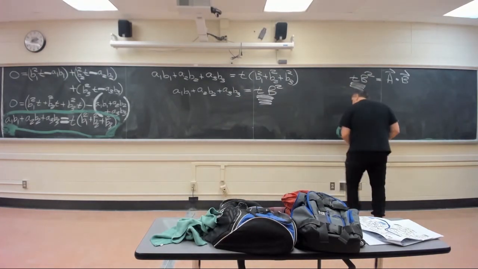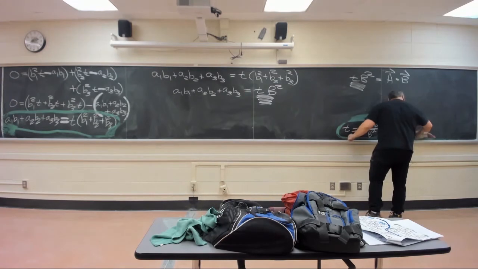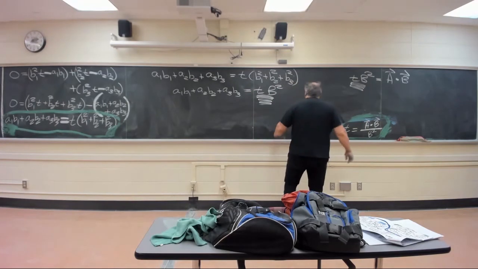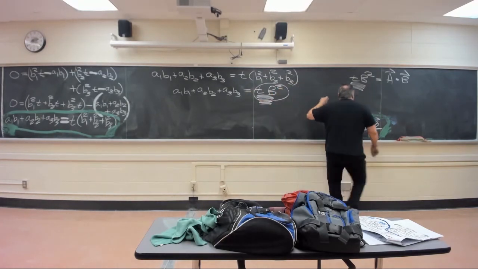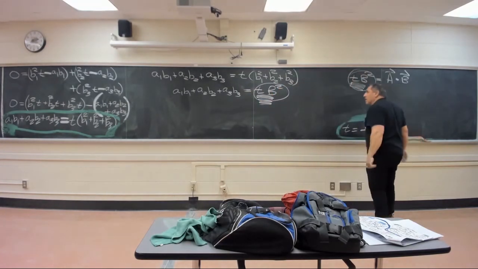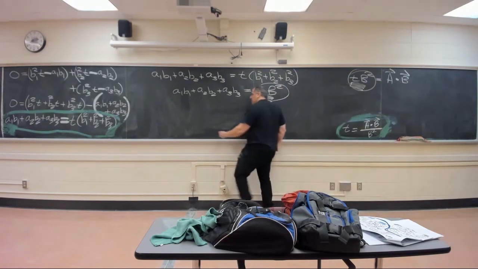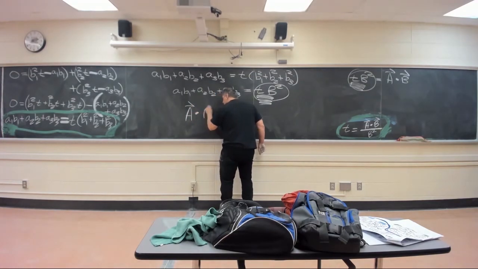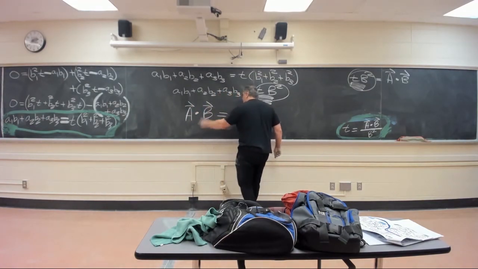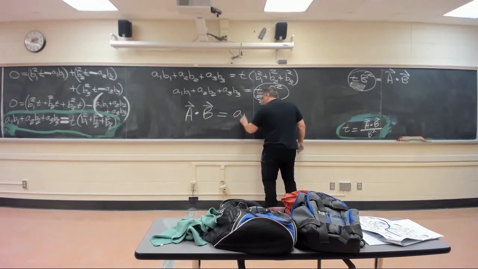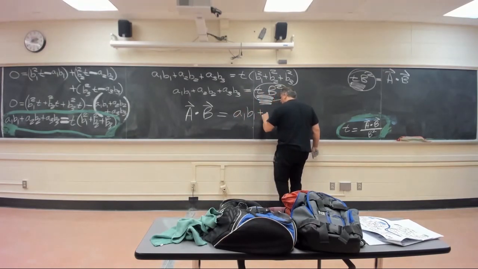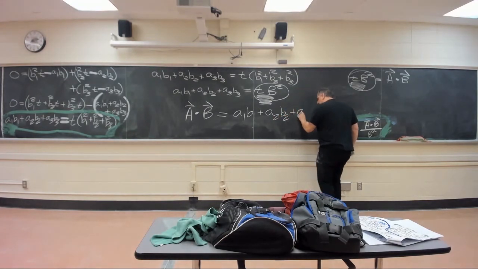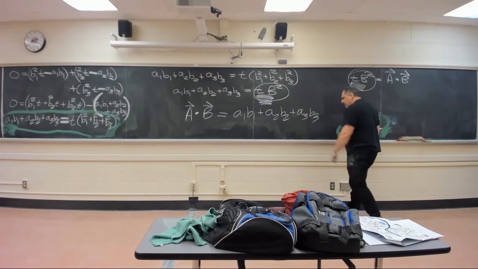What the heck does that mean? Well, it means something pretty fascinating. A vector dot B vector is A1 B1 plus A2 B2 plus A3 B3.